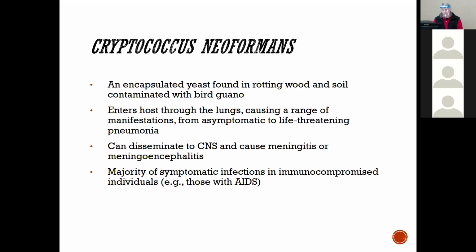Anyway, so we can breathe that in, causing a range of manifestations from maybe asymptomatic to a life-threatening pneumonia. So this is a problem that can get serious. It disseminates to the central nervous system, causes a meningitis or meningoencephalitis. And the majority of symptomatic infections are in the immunocompromised individual, which we started off with our AIDS patient.